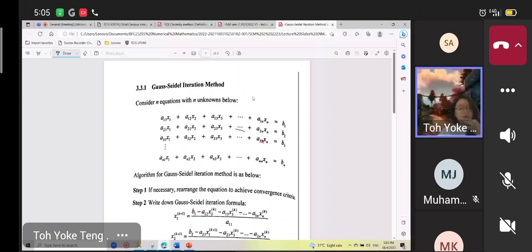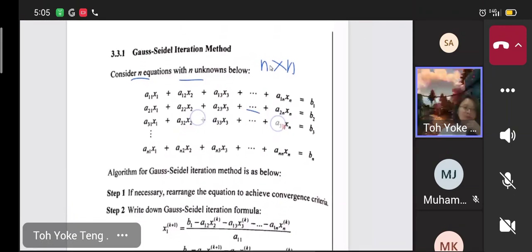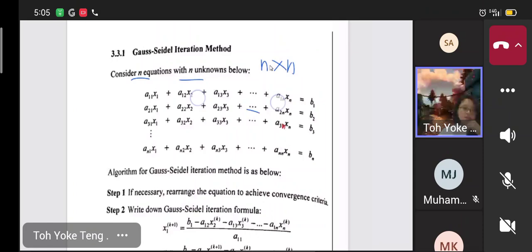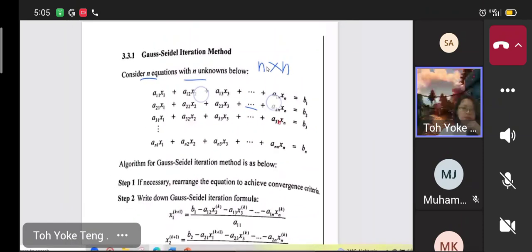So as referred to here, this one is n equations with n unknowns. So in general, once you know that the equation is n times n equations as referred to here, this part is the row. So this one is the first row, second row, third row, and so on until the last row. And then this one, 1, 2, 3, until the nth row here.